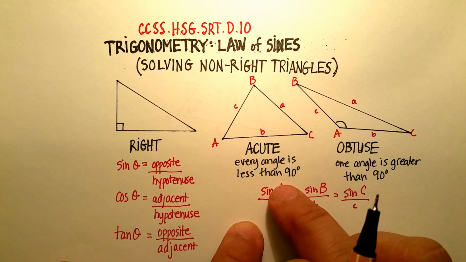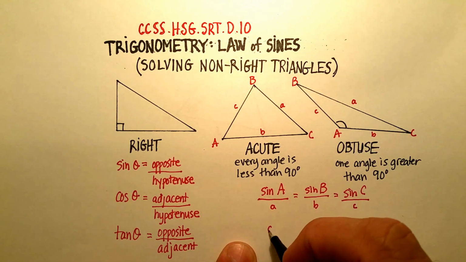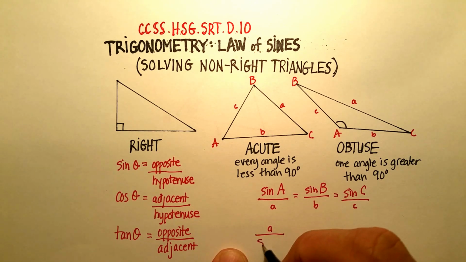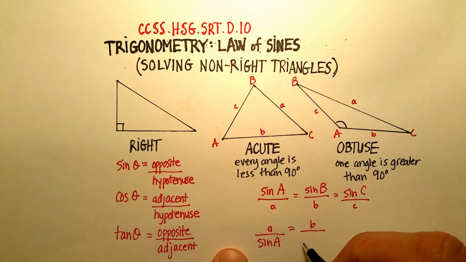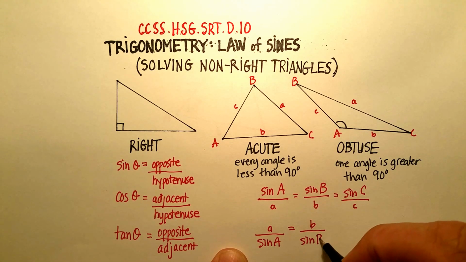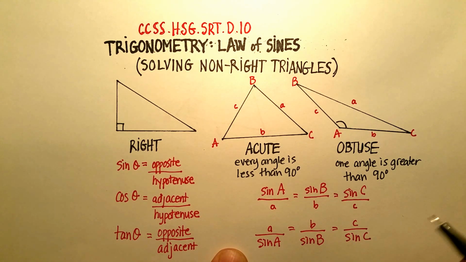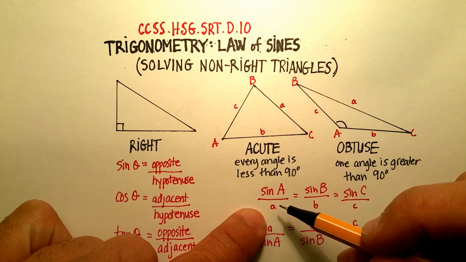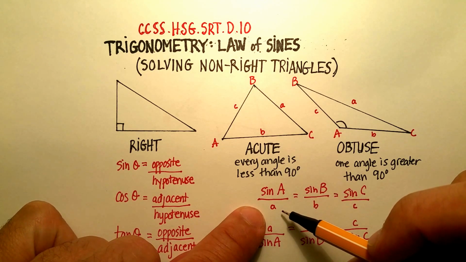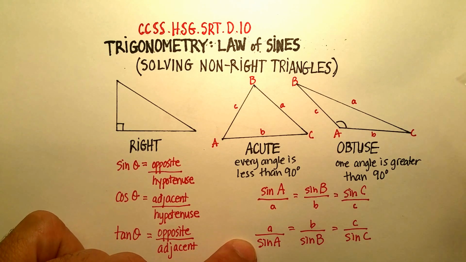So that is equal to that, is equal to that, and you can also just flip these around, quite honestly. You could do this as well, and this last one as well. So you can use it basically any way you'd like. You can have the sine of the angle on the top and the length on the bottom, or the length on the top and the angle on the bottom.